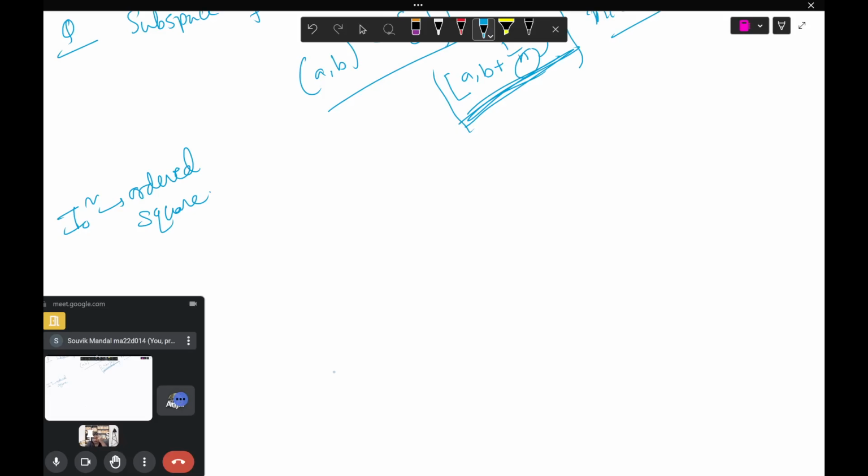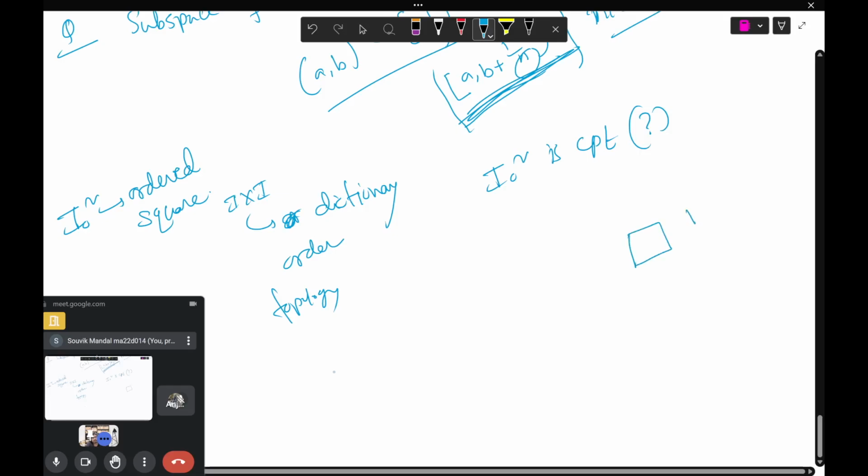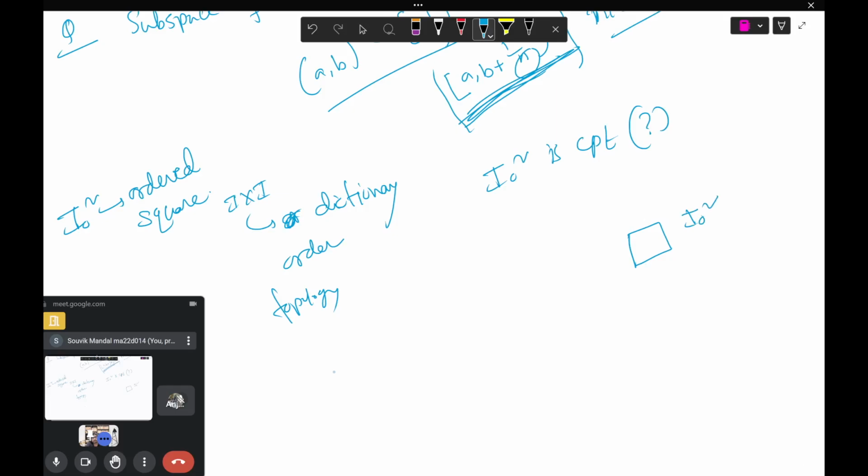Yes, right. On I cross I, the dictionary order topology. With respect to this topology, the space we just call the ordered square. Another thing is, the ordered square is compact. Do you know whether the ordered square is compact or not?